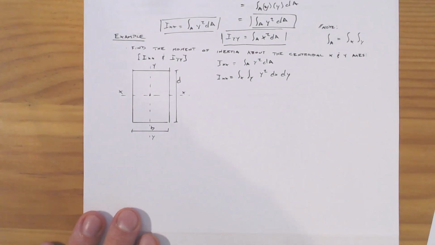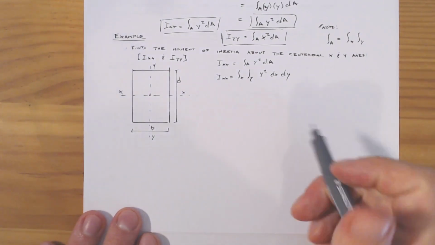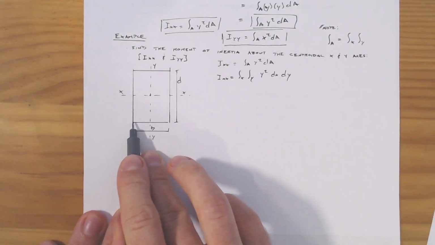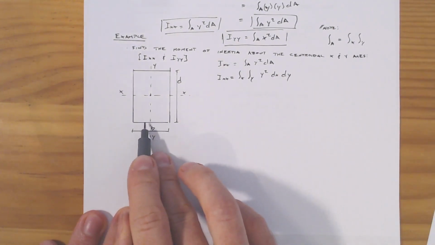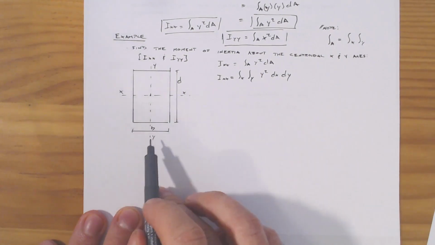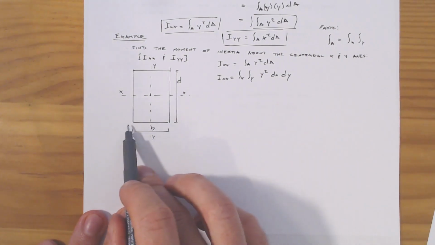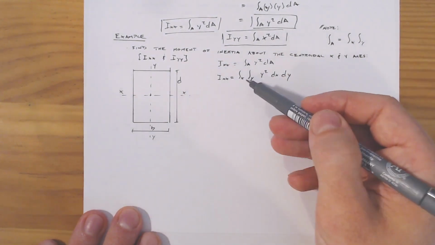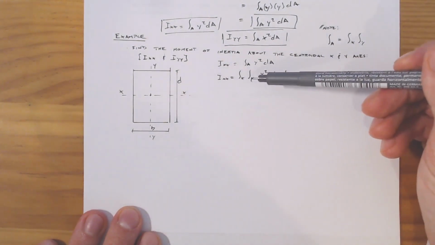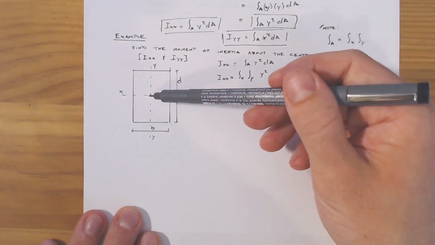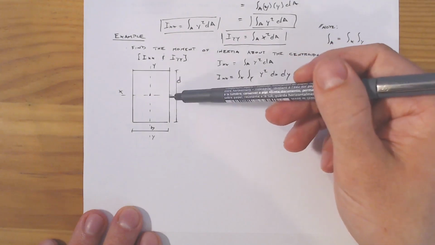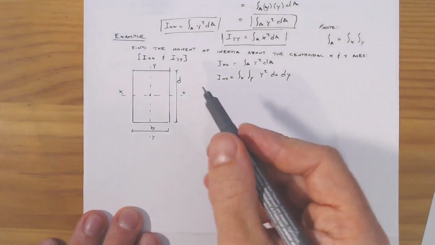So we really just want to work through a definite integral. Over x, we integrate over the entire distance from the centroid, minus b over 2 to plus b over 2. And in the y direction, about the centroid, we go from minus d over 2 to d over 2.